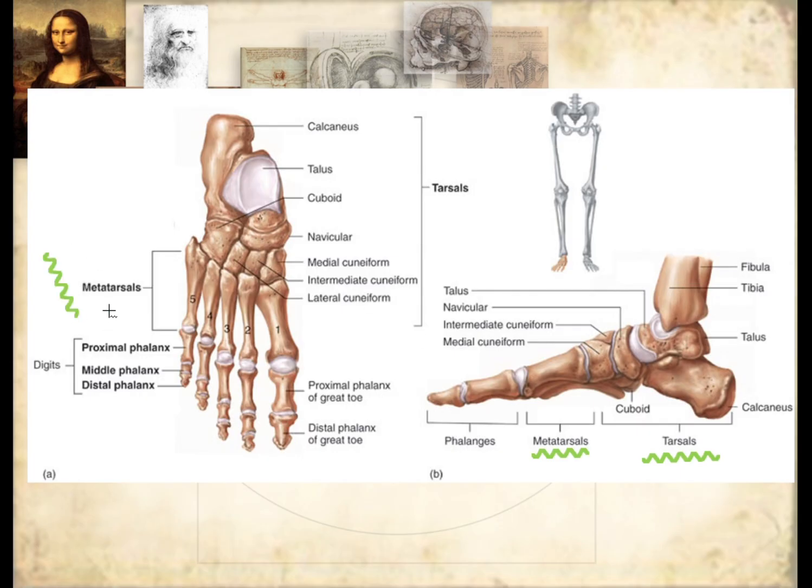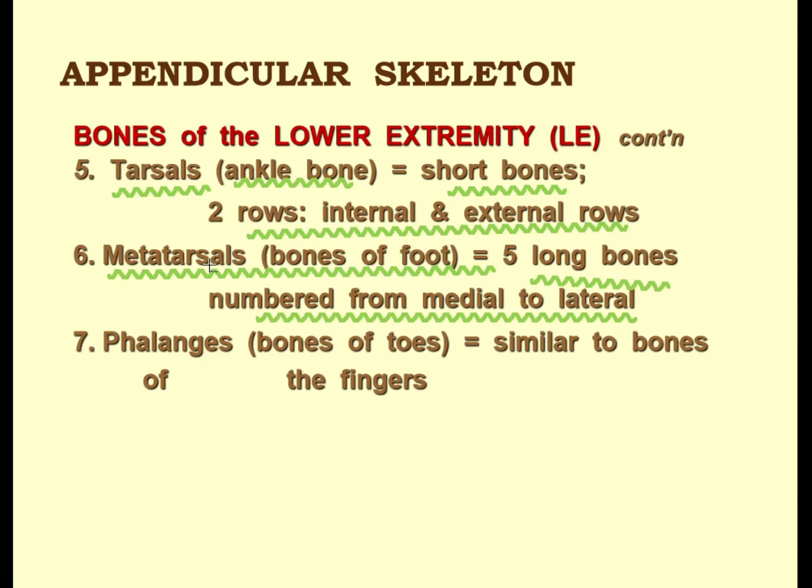Five bones, right, numbered from medial to lateral. And the last part is the phalanges, the bones of the toes, similar to the bones of the fingers.